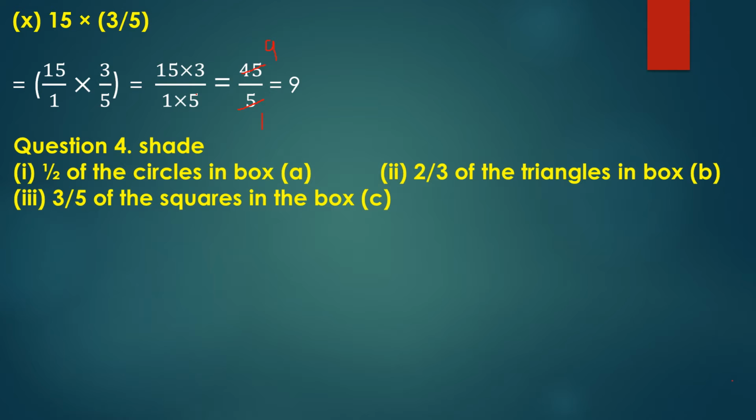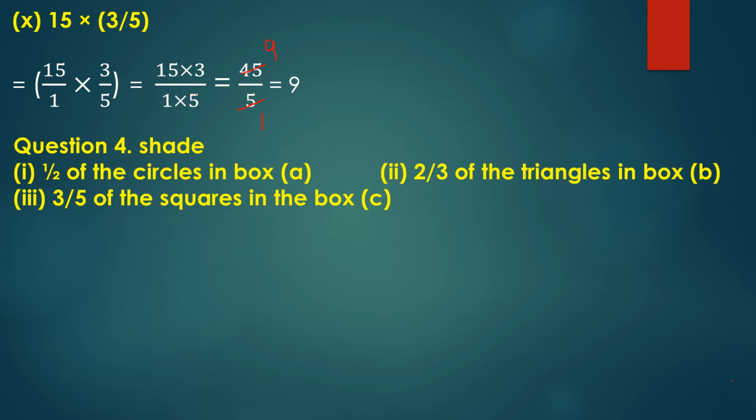What does it say? Shade 1 by 2 of the circles in box A. So there are boxes given, and in the boxes circles are there, triangles are there and squares are there. There will be 3 pictures and we have to shade 1 by 2 of the circles in a box.